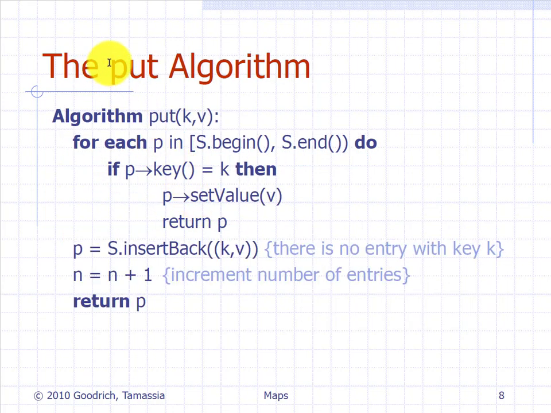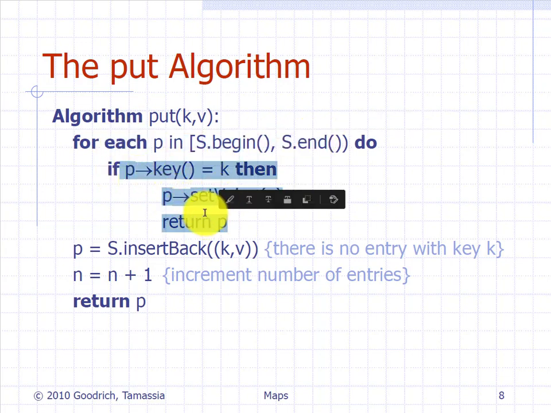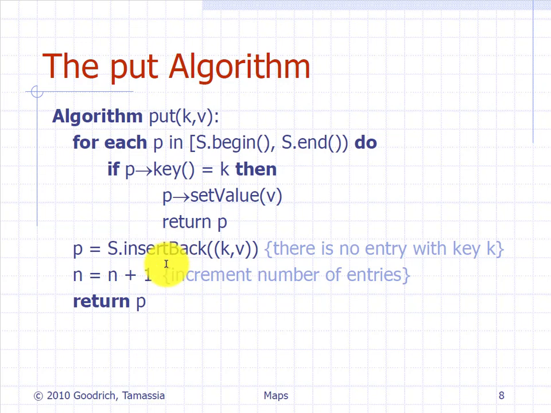On the other end, the put algorithm, right? We want to put a new key value pair into the map. So we're looking for the key first. That's how we have to start. So we say, for each P, we search the collection looking for K. If we find our key, then we cannot insert it. We return the key value pair that's already there with the same key.